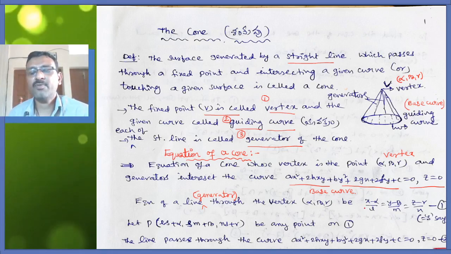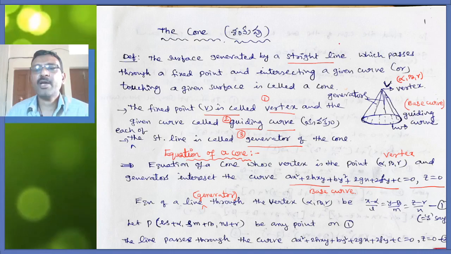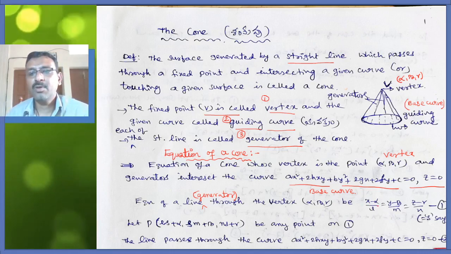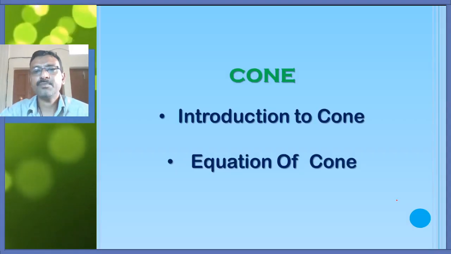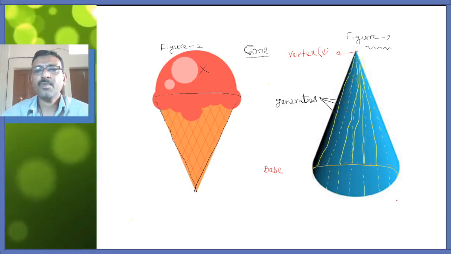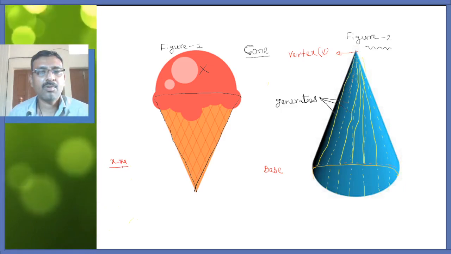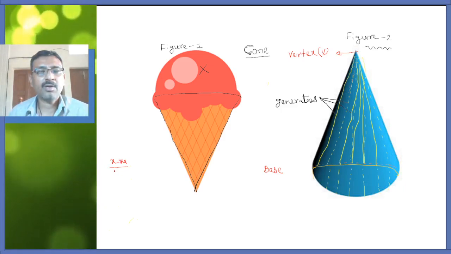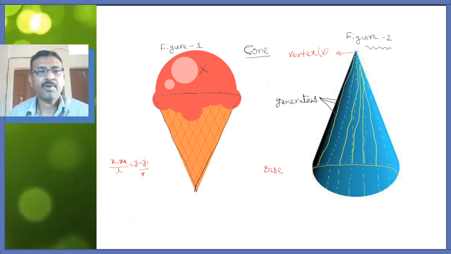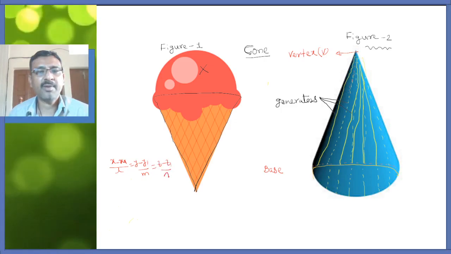We have the formula of the symmetrical form: x minus x1 by l, y minus y1 by m, equal to z minus z1 by n.